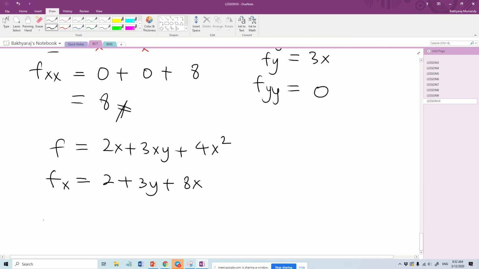Now I want to differentiate with respect to y. So when you differentiate with respect to y, anywhere you see y, you differentiate. So this one becomes 0, this one becomes 3, and this one becomes 0, right? So the final answer should be just 3.